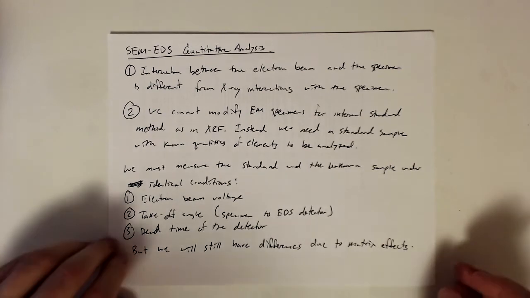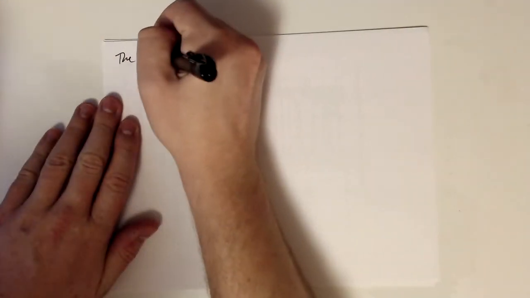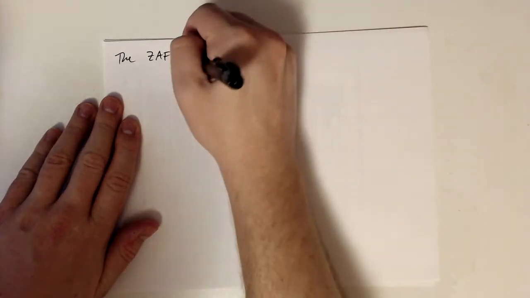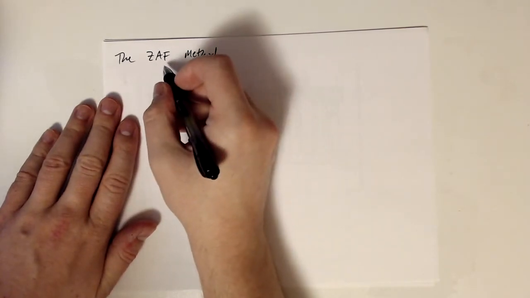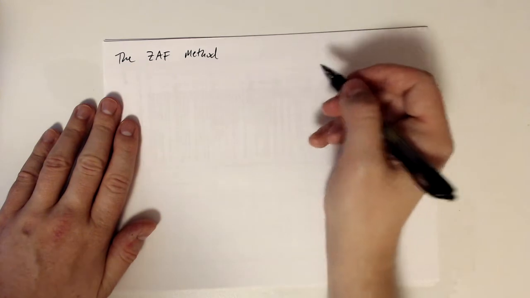All right, so the method that we're going to talk about for EDS is known as the ZAF method. It's got this funny name because it's an abbreviation, so it stands for something.